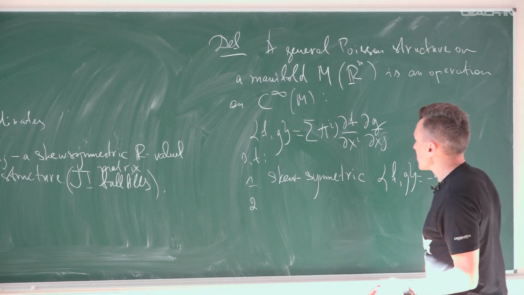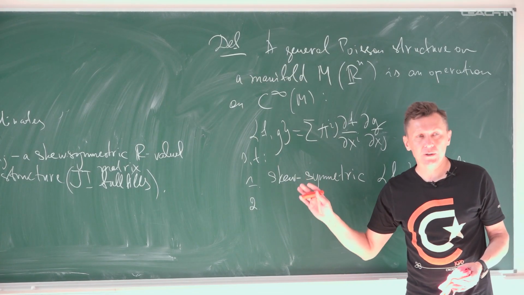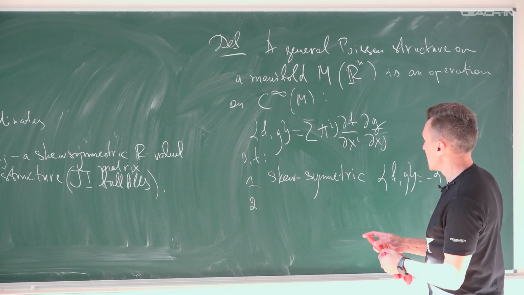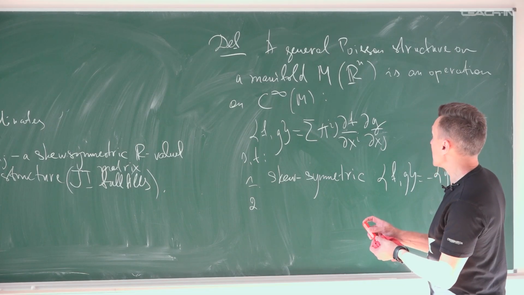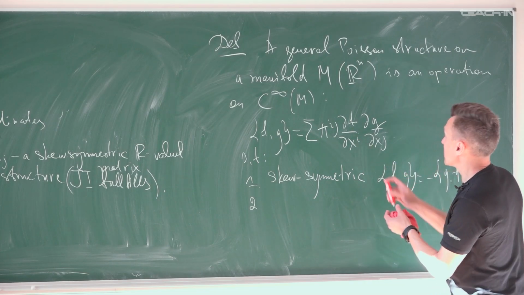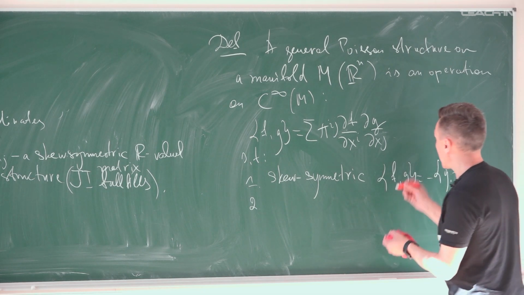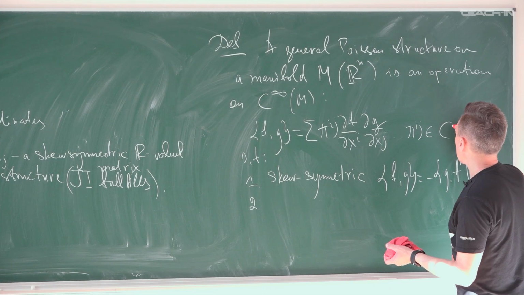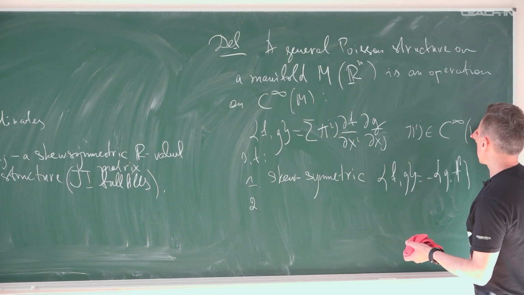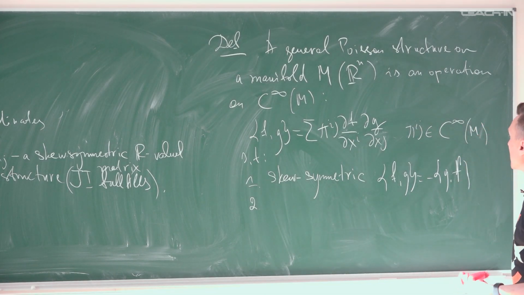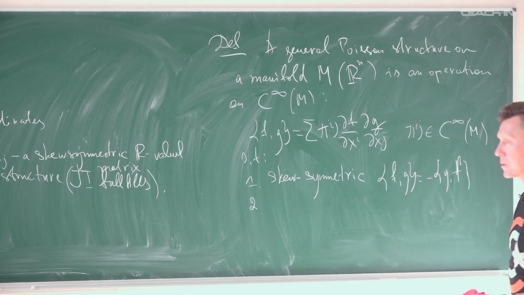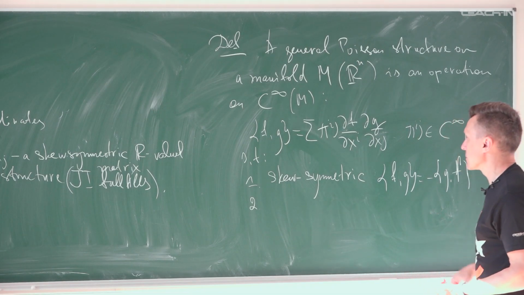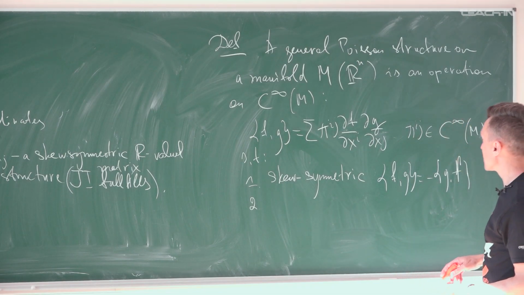The Leibniz rule is fulfilled automatically just because we have written this in terms of some differentiation operators. And pi ij are some functions on M, not necessarily constant, as in the case of the standard Poisson structure.